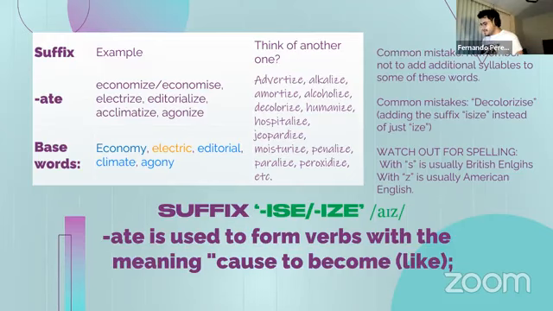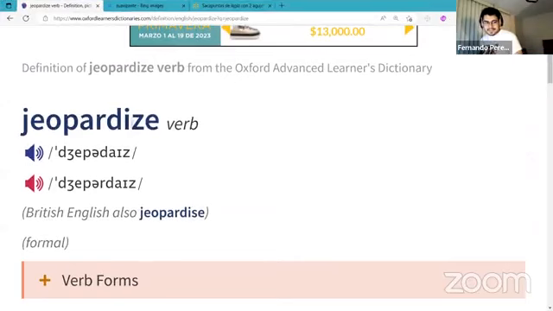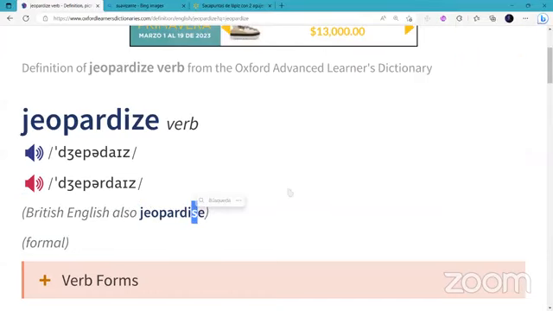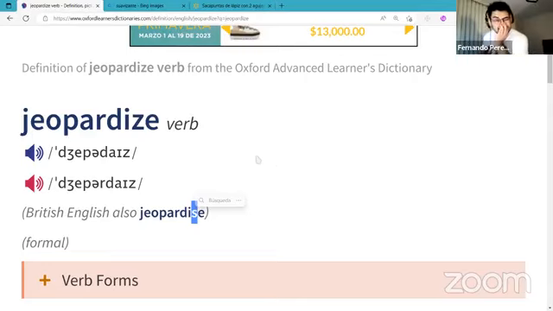Look at the word in the dictionary. Jeopardize with a Z, no? And then in parentheses it says British English also jeopardise with an S. You see, this is a mistake that I always commit when I present the exam. So you watch out.